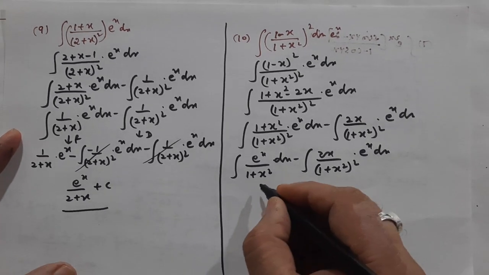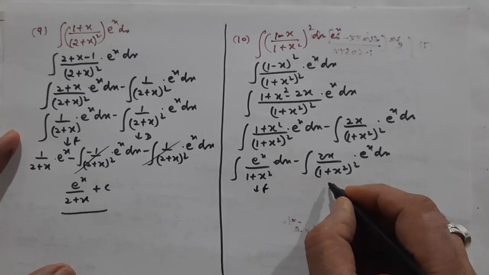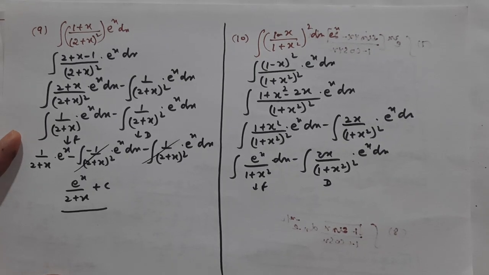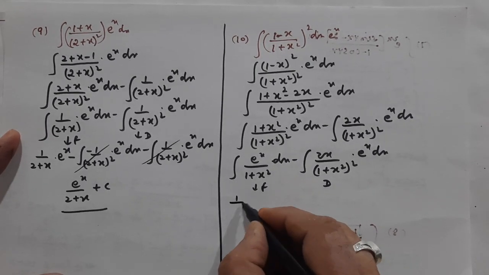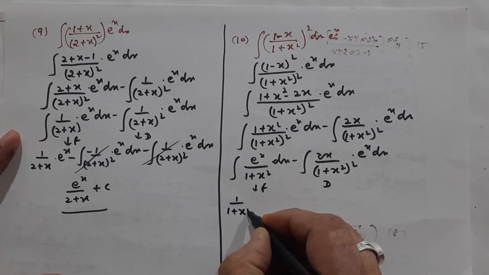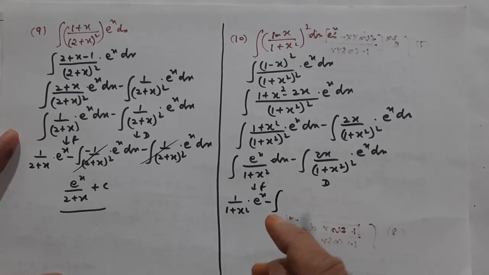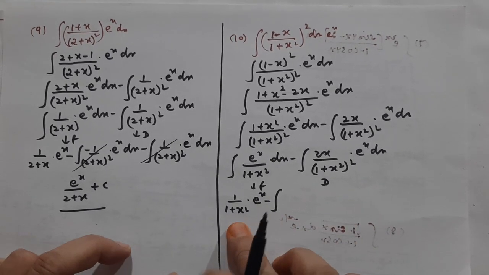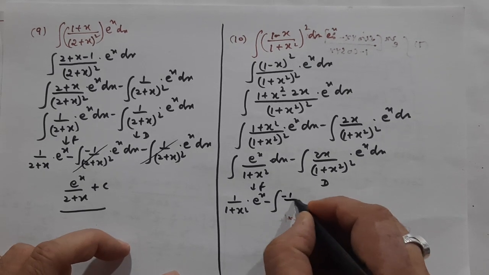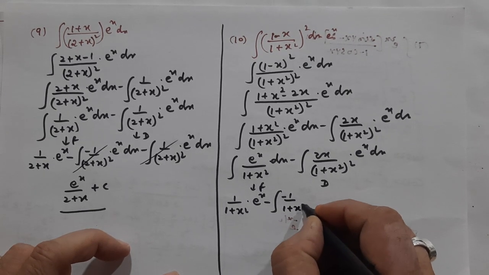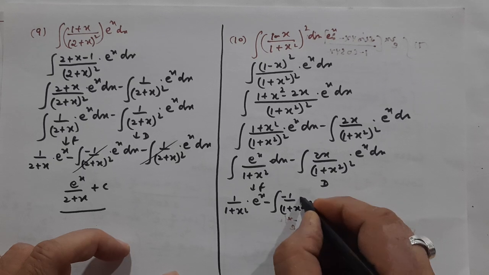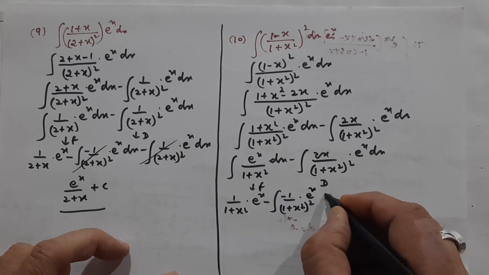Now this is the function and its derivative is minus 1 upon 1 plus x square whole square. So we write 1 upon 1 plus x square, its integral with e power x is e power x, minus the derivative of this function, which is minus 1 upon 1 plus x square whole square into e power x dx.